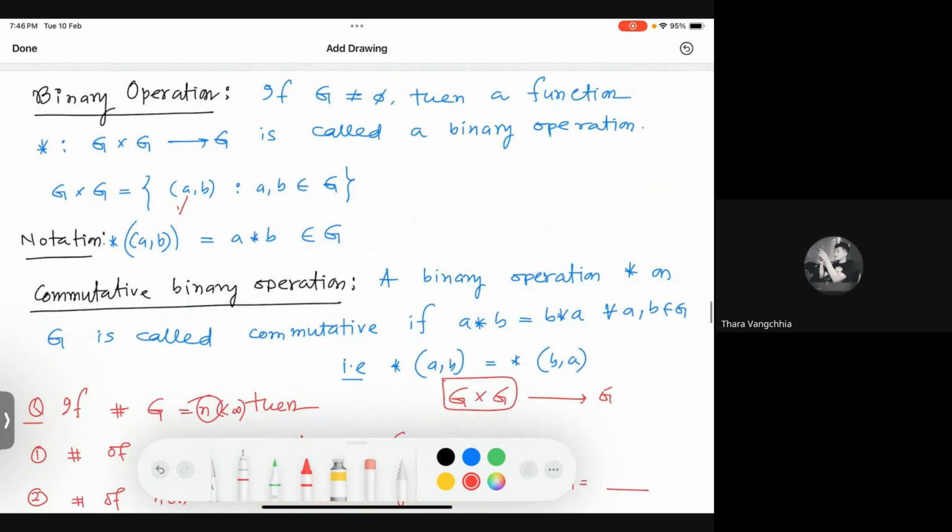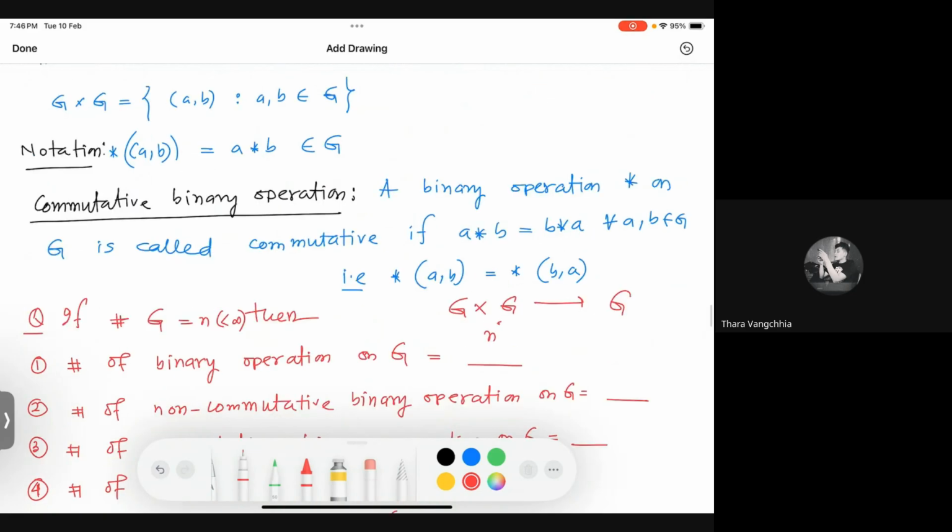The number of choices of A times the number of choices of B. The number of choices of A is n, and of B is n. So the cardinality of G cross G is n square, and the cardinality of G is n.